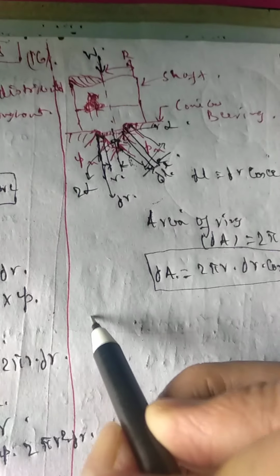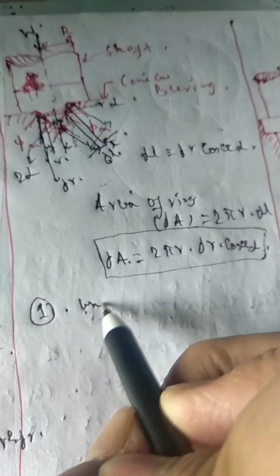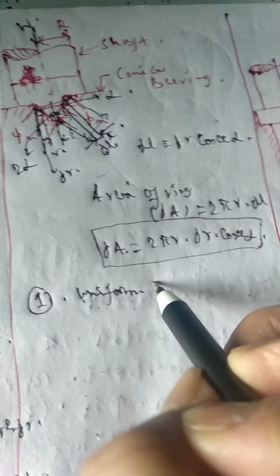We will proceed in the same manner as we have done in the case of the flat bearing. Now I am only writing the formula, there is no time to do the derivation. Here also there will be two cases, uniform pressure and uniform wear.